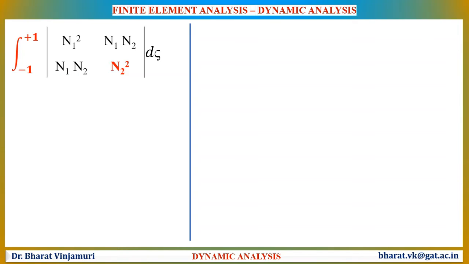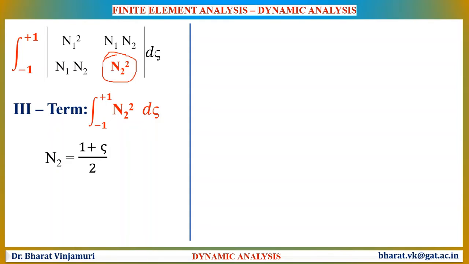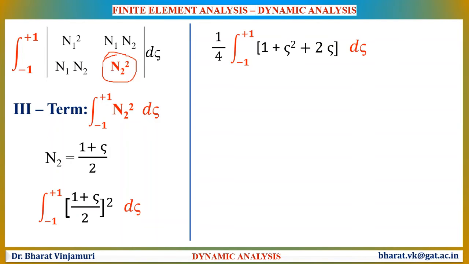Now, let us find the integral of the next term, called N2 square. We know that the second shape function for a bar element is represented by (1 plus zeta) by 2. Substituting this value of N2 in the above equation will result in determining the value of the third term, that is the integral from minus 1 to plus 1 of N2 square d zeta. Since (1 by 2) whole square is a constant, it can be taken out of the integral.